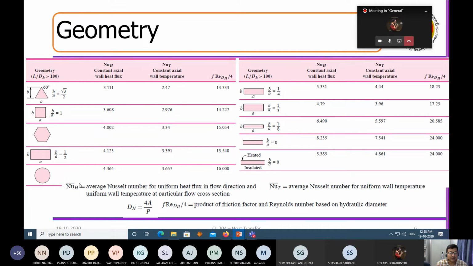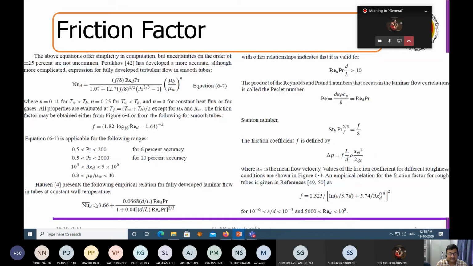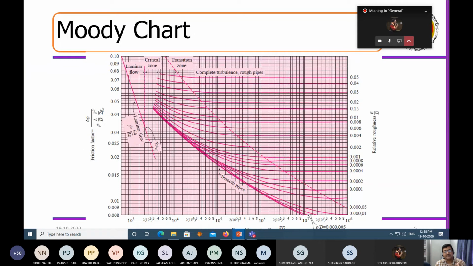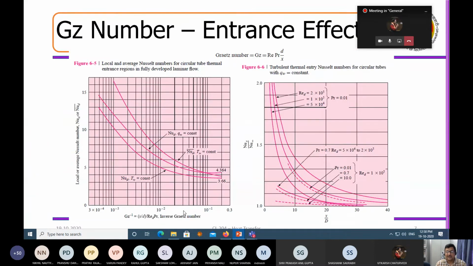The Nusselt number is also calculated: in case of a flat plate, it will be hx by k, and in case of a pipe, it will be hd by k. Now this d for different geometries can be used as the hydraulic diameter, just the way it has been used as hydraulic diameter for the friction factor.